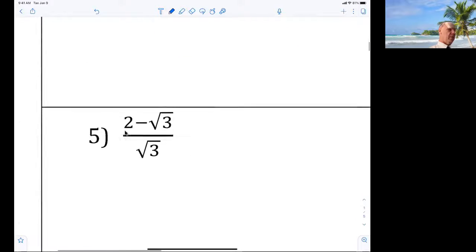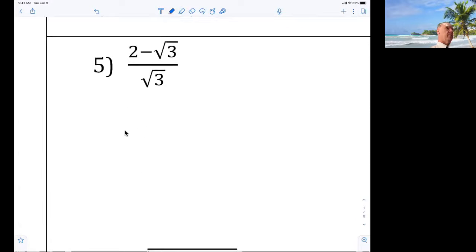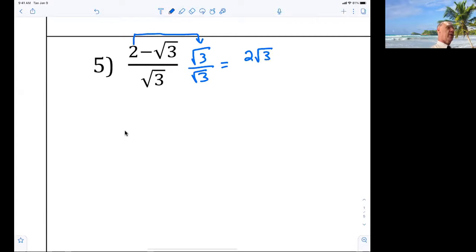All right, let's take a look at number 5. So again, multiplying the top and bottom by radical 3. And now when I multiply 2 times radical 3, I get what? 2 radical 3.